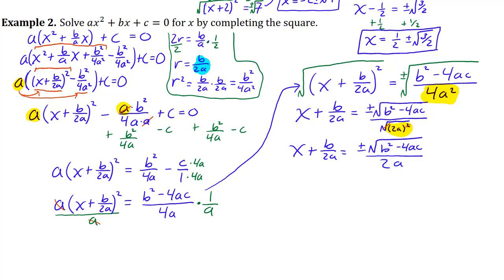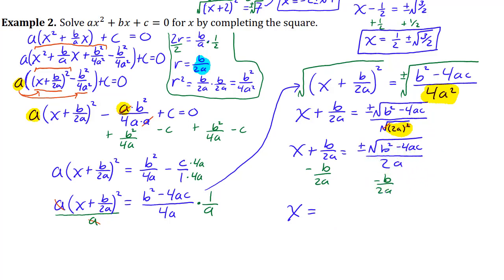And this might be looking familiar. I'm going to subtract b over 2a from both sides here to get the x by itself. So what we're trying to do is solve this whole equation, right? And we'll get x equals, well, let's see, you have a fraction over 2a and another fraction over 2a.